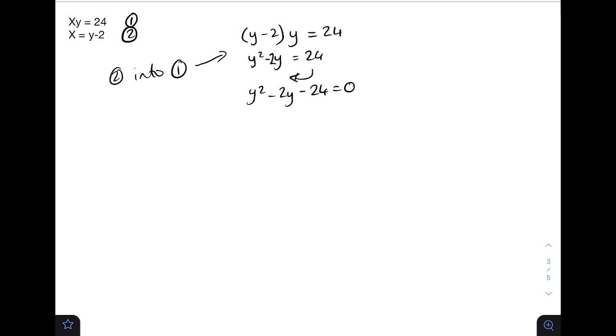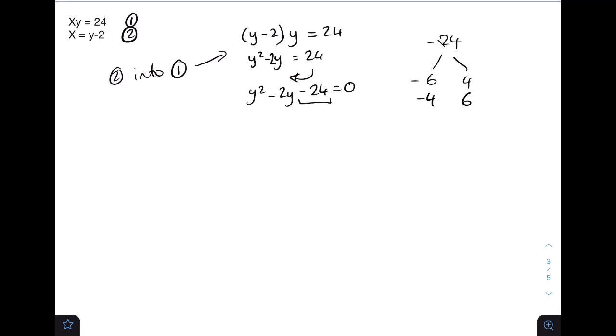So what we've got to look at is this piece here. Which pairs of numbers do we get that multiply together to give minus 24, but also add to each other or minus from each other to get to minus 2y. So we can either have minus 6 and positive 4 or minus 4 and positive 6.